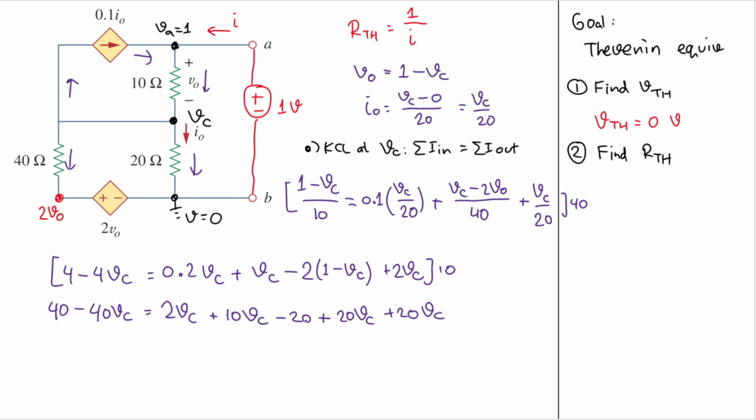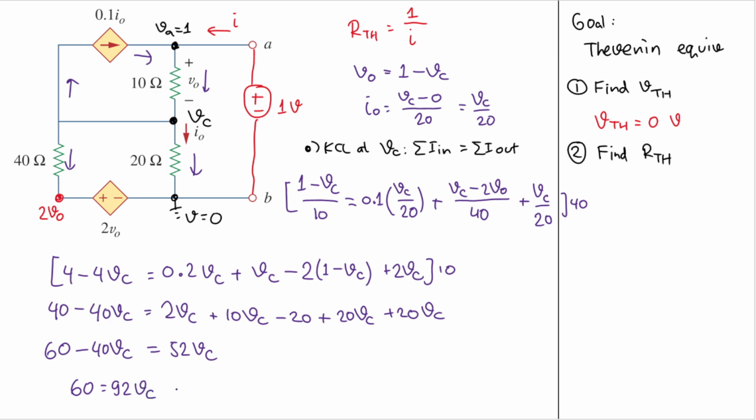Okay, let's move this minus 20 to the left-hand side. So I'll have 60 minus 40 VC. And then this one here, 2 plus 10, that will be 12, 12 plus 40, that will be 52. So I will have 52 VC, and 60 will equal 92 VC.